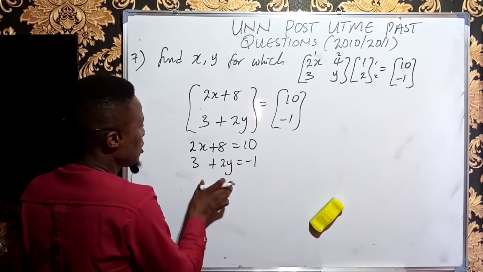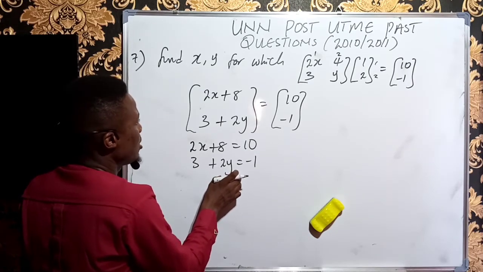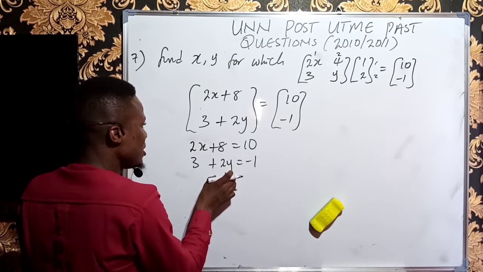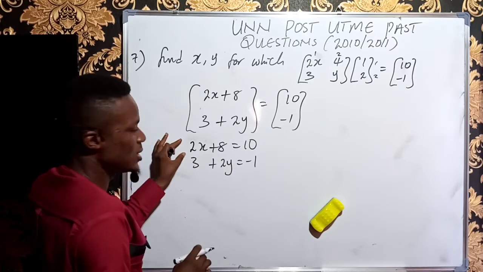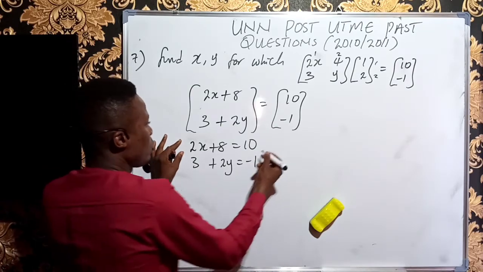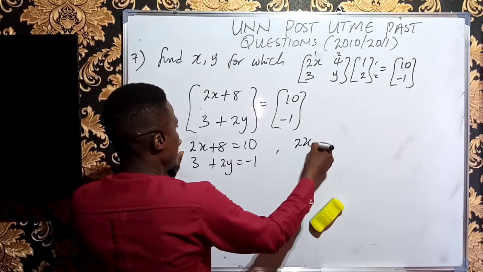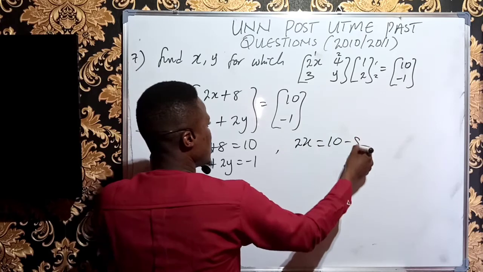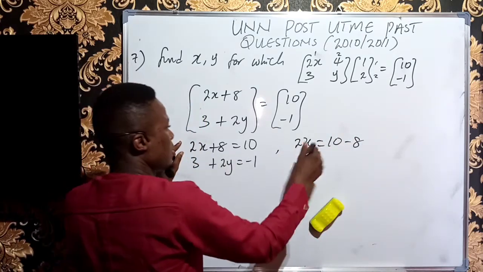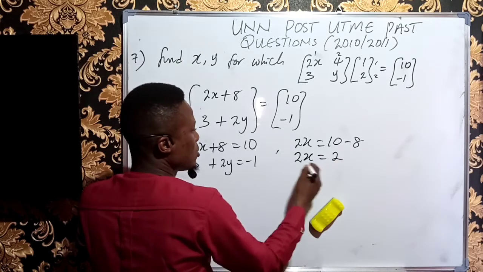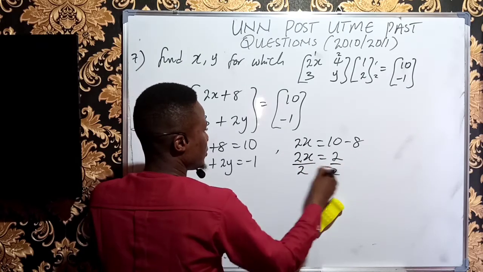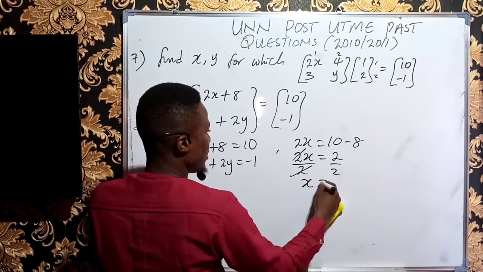But in the second equation, it's very easy to get the value of y, in the sense that y is staying alone. Also here, to get the value of x is very easy because x is staying alone. So from equation 1, I have that 2x is equal to 10 minus 8, because plus coming here is minus. So 2x will give me 2, because 10 minus 8 is 2. Divide by 2, I'm getting 1.